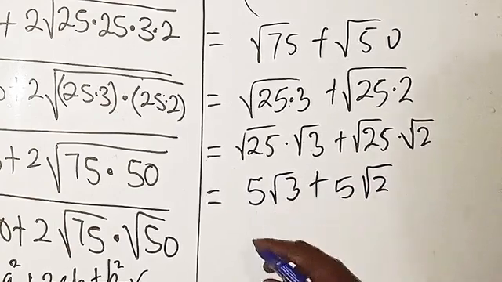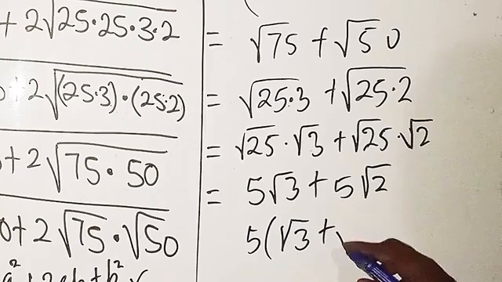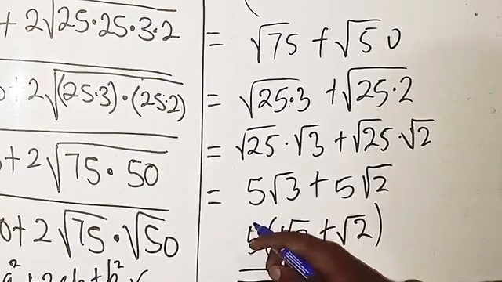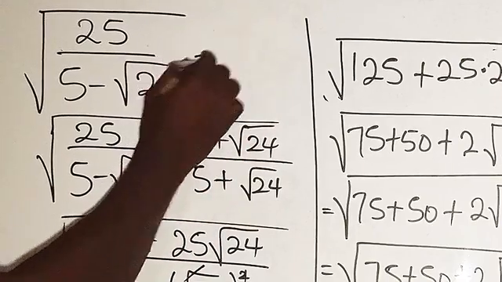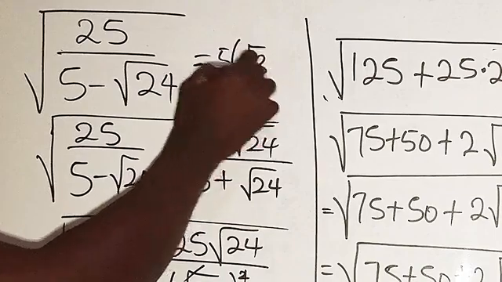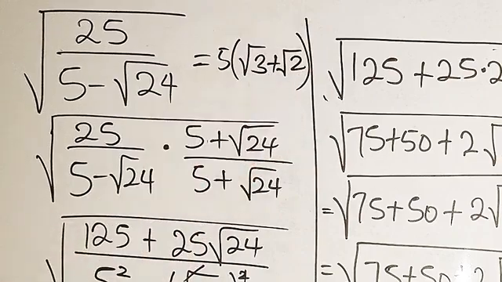So since 5 is common, we can take 5 outside. We have root 3 plus root 2. So this is the solution to the problem, right? So this is 5 into root 3 plus root 2. And that's the solution to the problem.